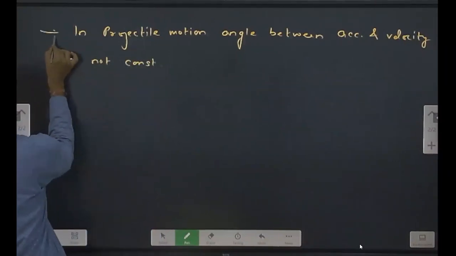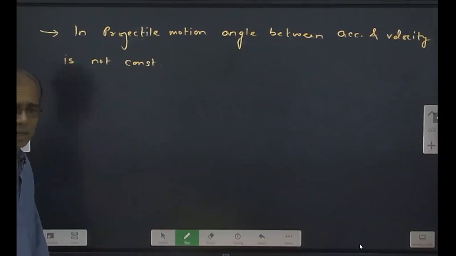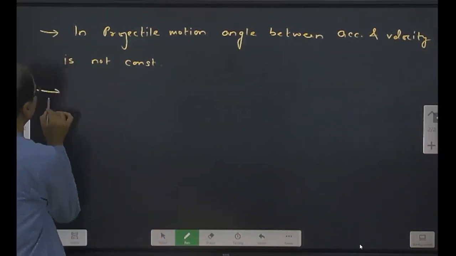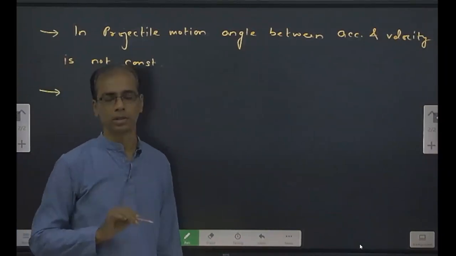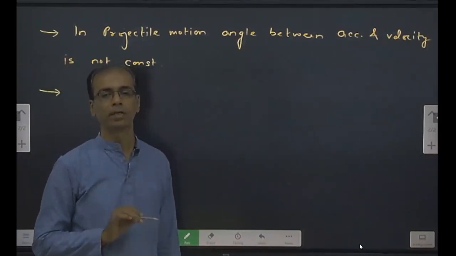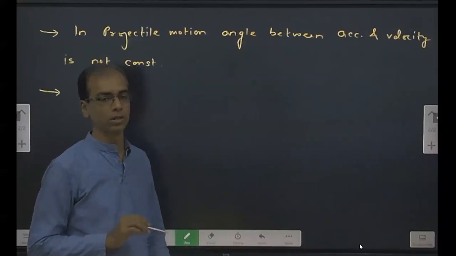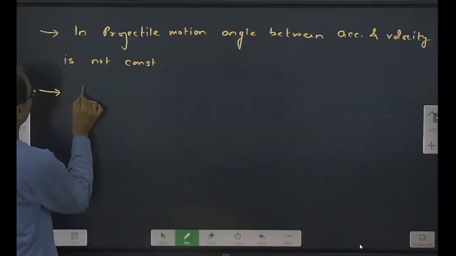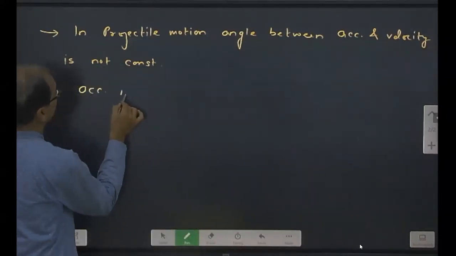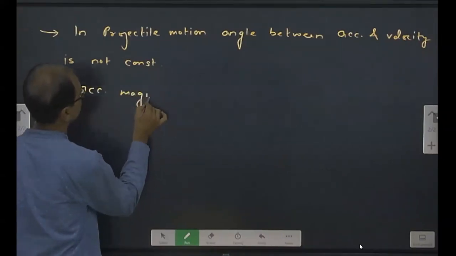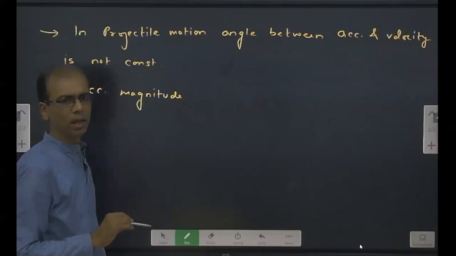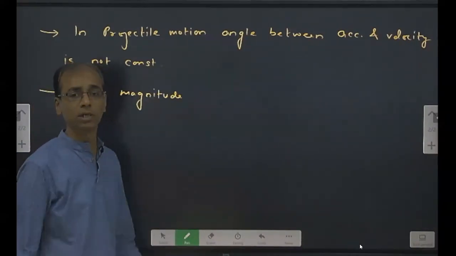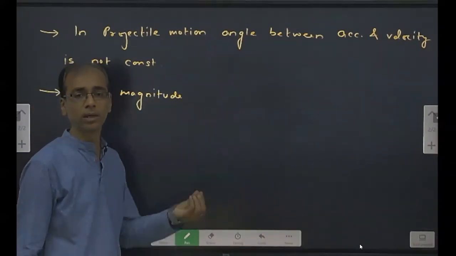There is also a second point. In projectile motion, the magnitude of acceleration is constant. Magnitude and direction are also constant because it's under g only, acceleration due to gravity.